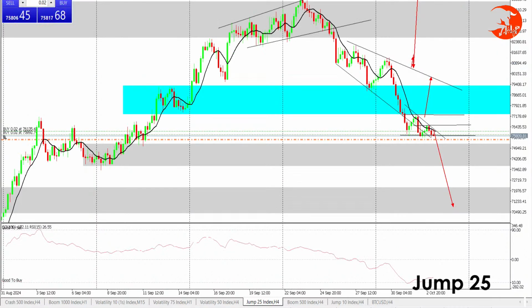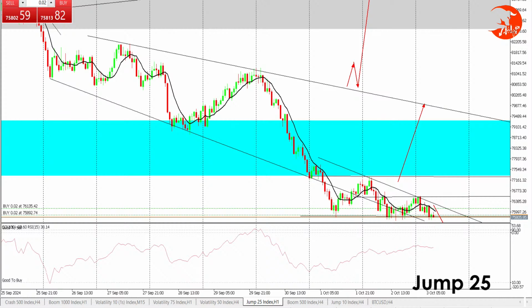According to D1, I want to keep with my position, though we may see a manipulation.